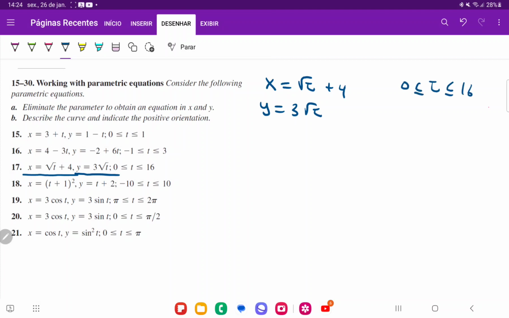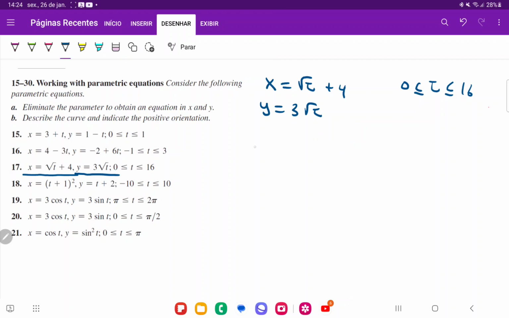0 to 16. Okay, so once we're here, to eliminate the parameter, we can see that x and y, their inputs are both root of t. So what we can just do is isolate root of t in terms of x, and once we have isolated, we can now plug it into the y equation so that we get rid of root of t.